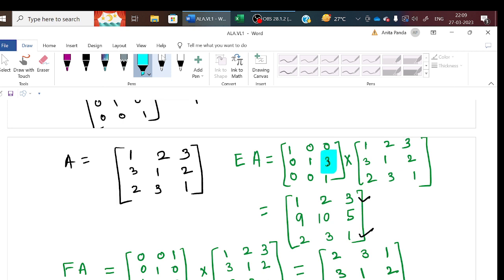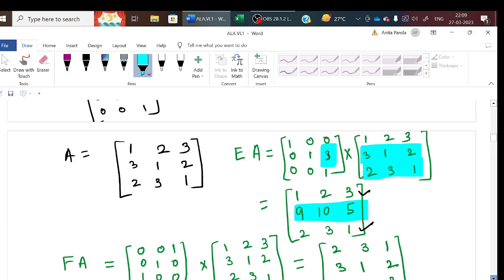So 3 times of this row, I will add to this row. How much should I get? 6 plus 3, that is 9. Similarly, 3 into 3 plus 1, that is 10. 3 into 1 plus 2, that is 5. So I got my new matrix, and only this row changed. So the resultant has a change in the second row.